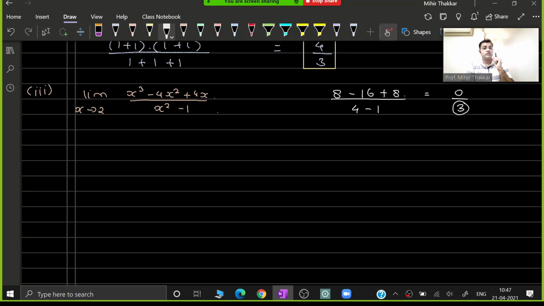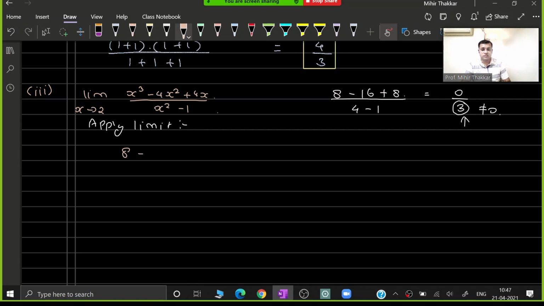So the best part for this sum is that we don't need to do any kind of factorization or any further solving. Straight away, I will write over here, apply limit. Whenever you come across this kind of question where the denominator does not become 0, directly apply the limit and you are done with the answer.